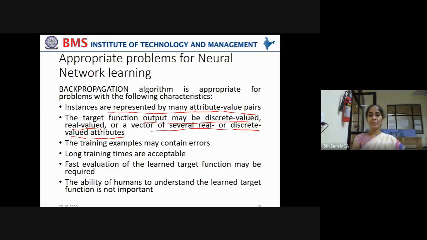And fast evaluation of the learned target function may be required. Sorry, let me cover this point first. Long training times are acceptable. Wherever long training times are acceptable, you can take up these artificial neural network models.